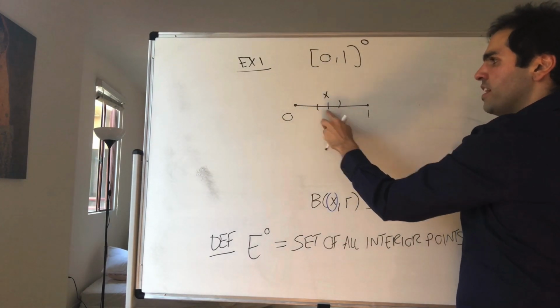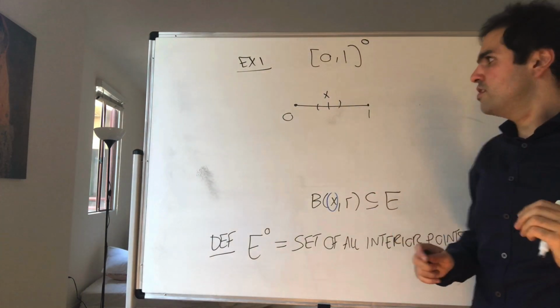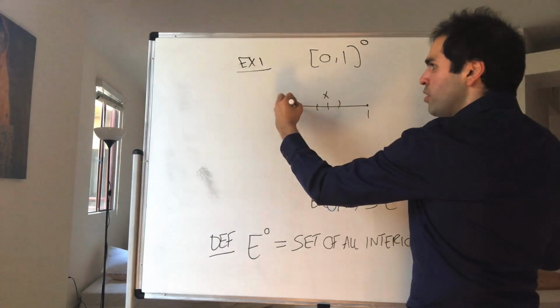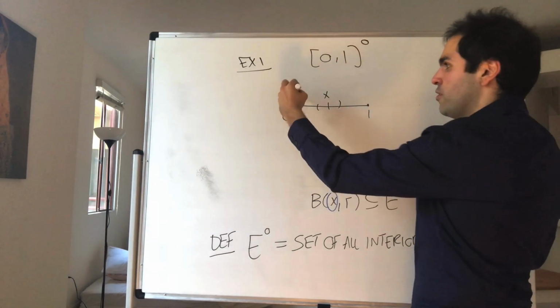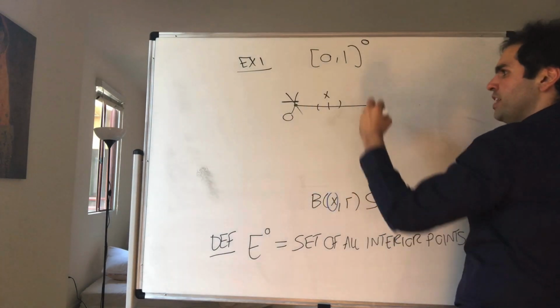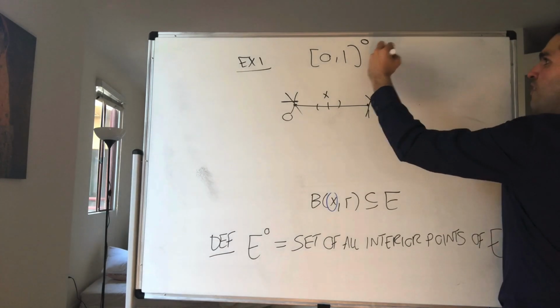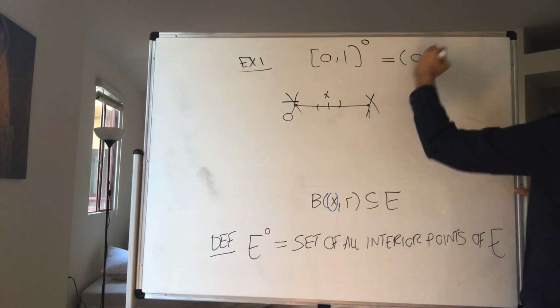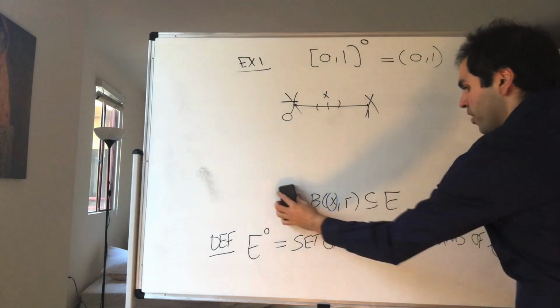So anything inside (0, 1) is an interior point. There's always wiggle room, but 0 is not an interior point because there's no wiggle room around 0. You cannot fit any ball here, and you cannot fit any ball around 1. So in fact, the set of all interior points is just the open interval (0, 1).